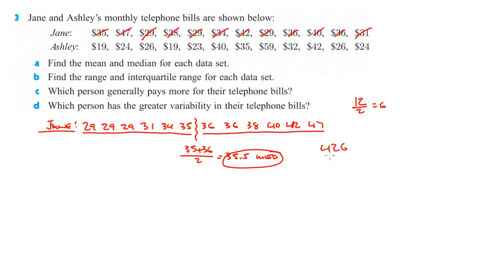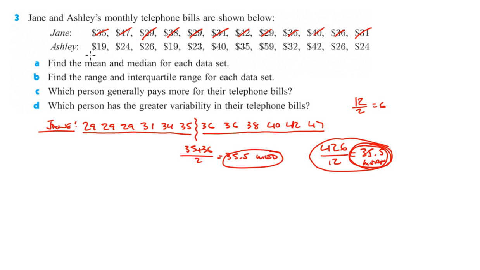So we take 426 and divide it by 12, and we get 35.5. Okay, well actually that's just our answer. 35.5 is the mean, and 35.5 is the median. Interesting.